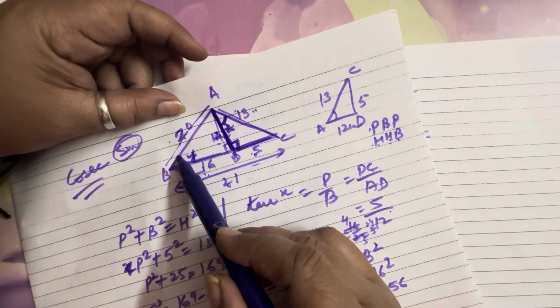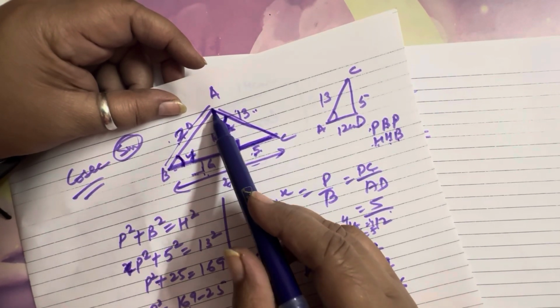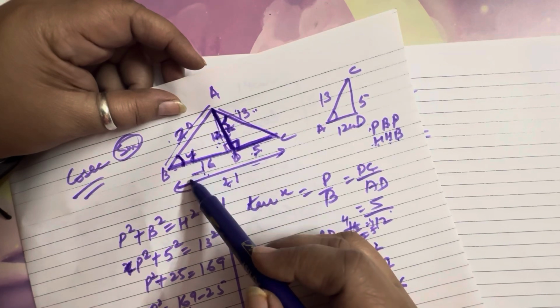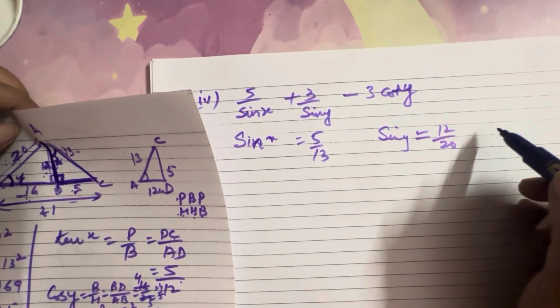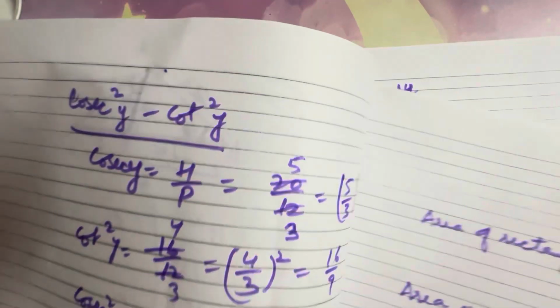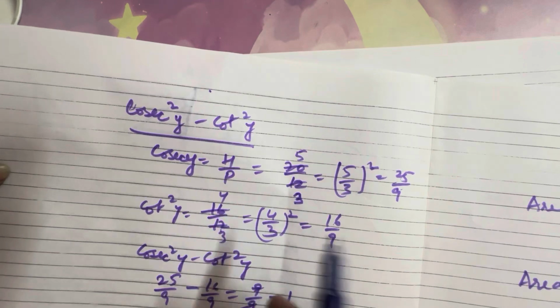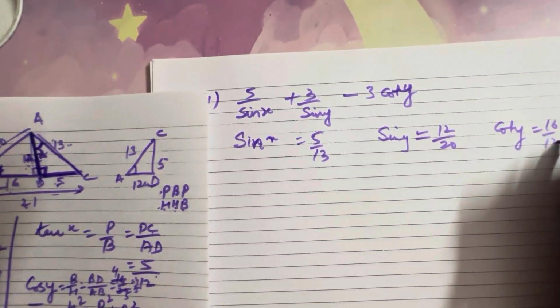Sin y is this angle. For sin y we have perpendicular 12 and hypotenuse 20, so 12/20. And cot y we have just found out right now, cot y was 16/12.